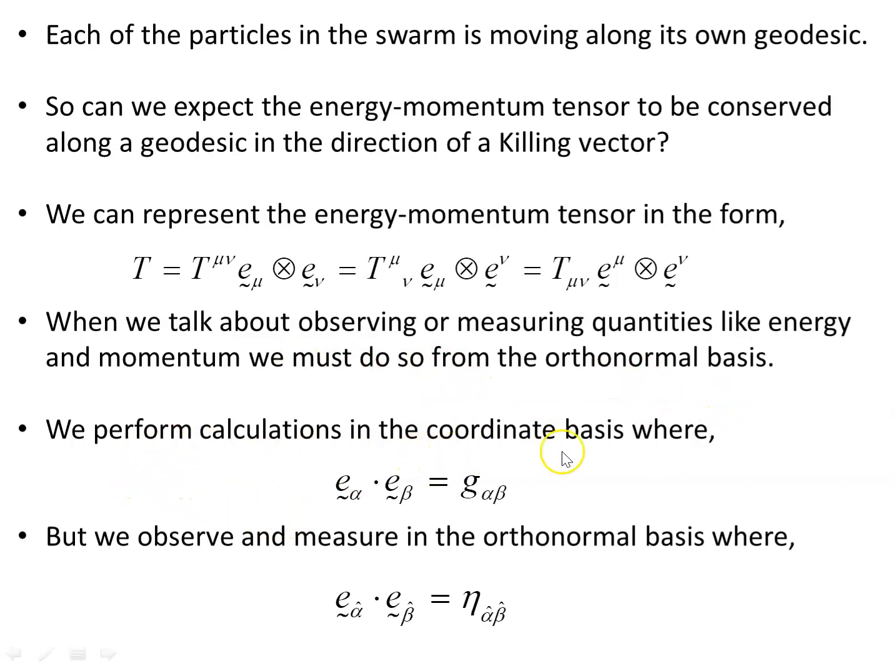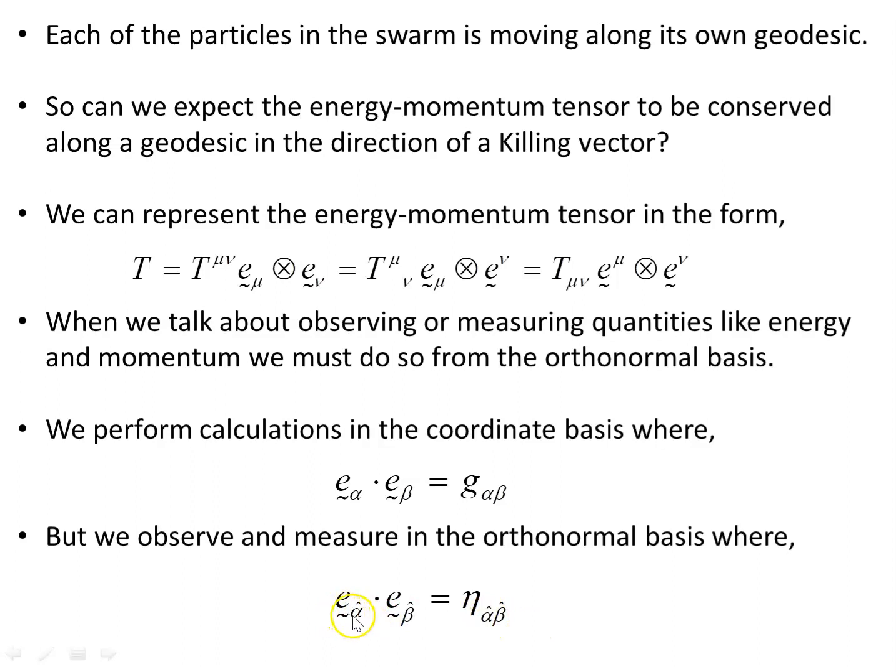So we perform calculations in the coordinate basis, where the scalar product of the basis vectors is our metric. But we observe and measure in the orthonormal basis, where this gives us the flat Minkowski space-time metric.